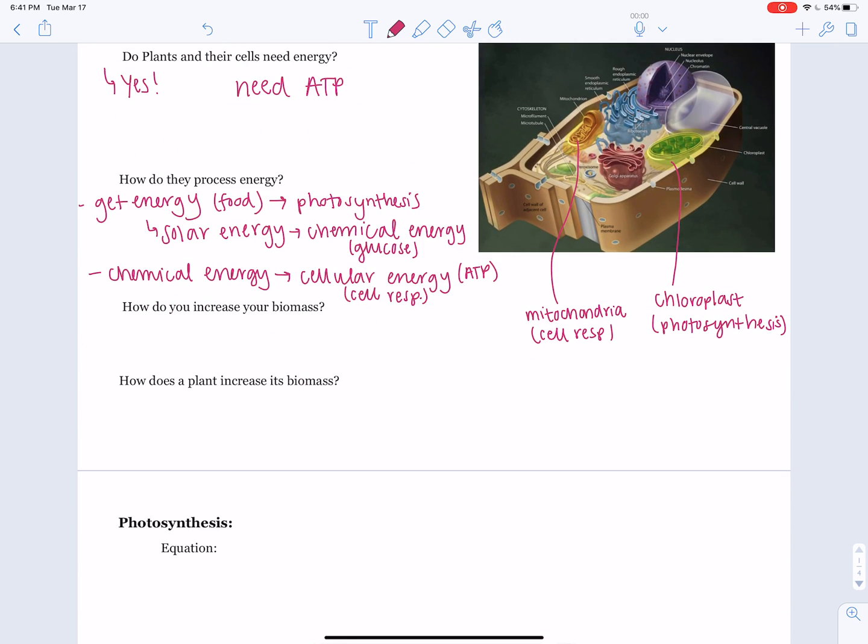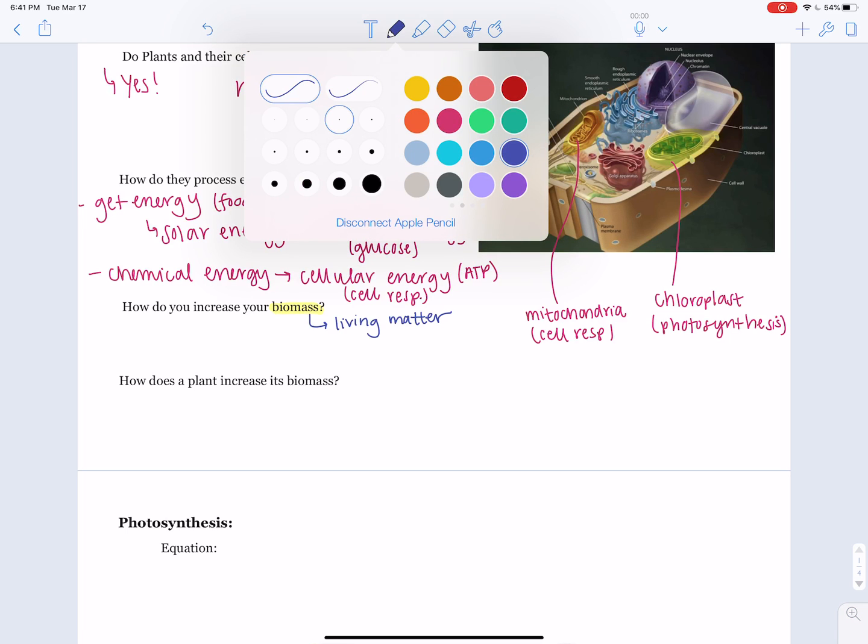The next question says, how do you increase your biomass? Well, let's remind ourselves what biomass is. Biomass is basically living matter. When we talk about this, how do you increase your biomass is basically asking you, how do you grow?